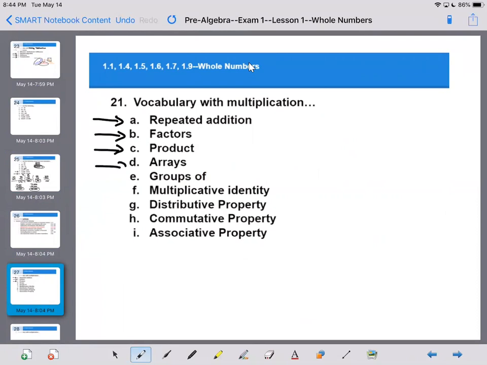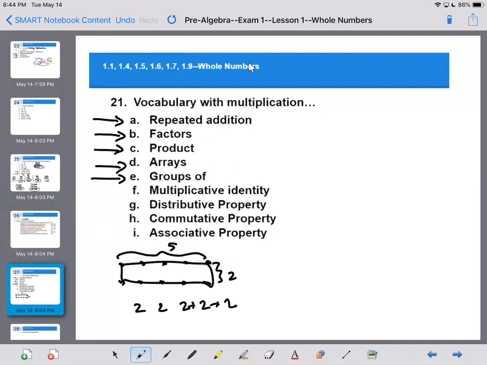We can look at arrays. We can look at groups of. So 1, 2, 3, 4. There's 5 groups of 2. So the array would be a 5 by 2 array, which really creates a rectangle. We can think groups of, 5 groups of 2. So instead of adding those all together repeatedly, we would say, well, there's 5 groups of 2, which has to be 10.